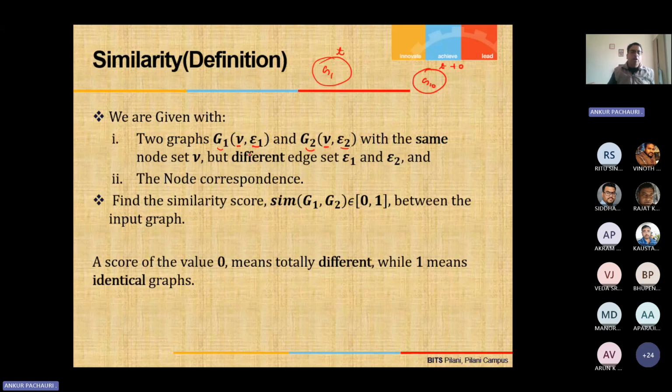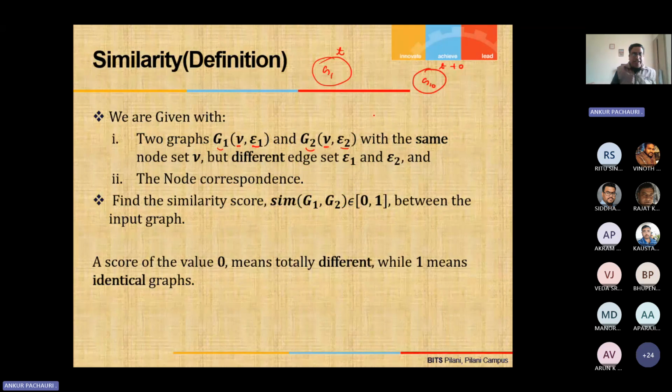There is no addition or deletion of nodes, only the internal connectivity changes. So this is the meaning of G1 (V, E1) and G2 (V, E2): the same vertices and different edge sets, and I do have a node correspondence.